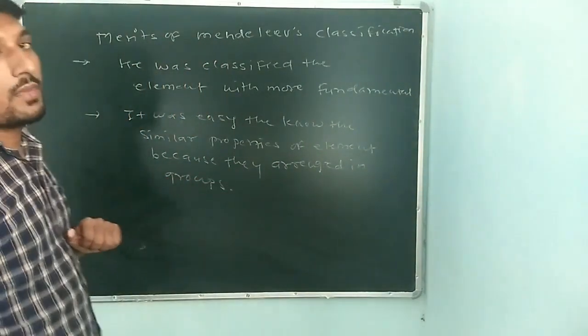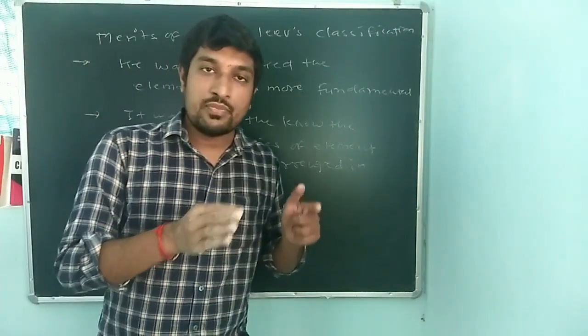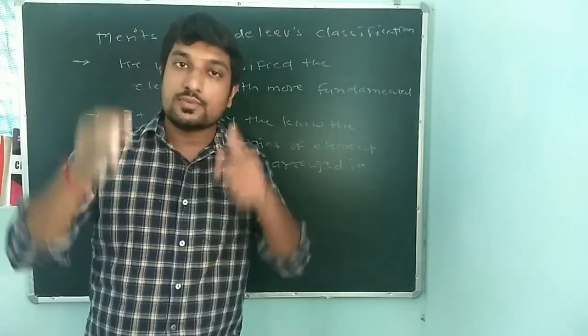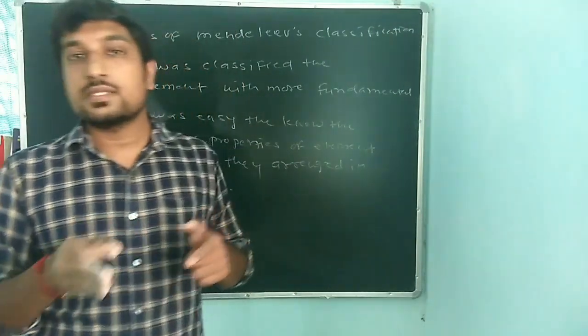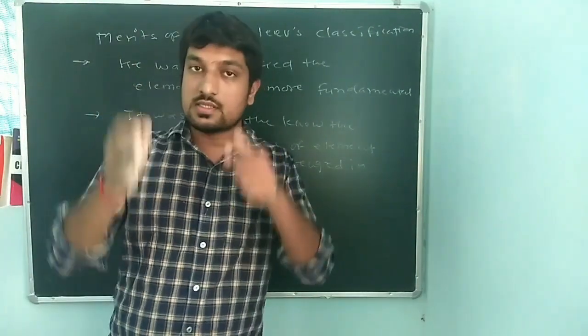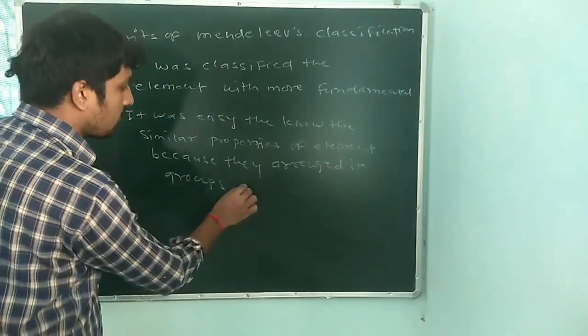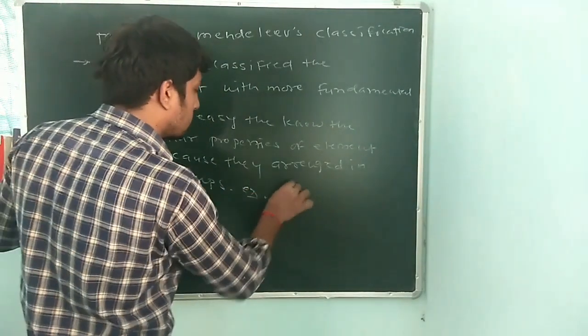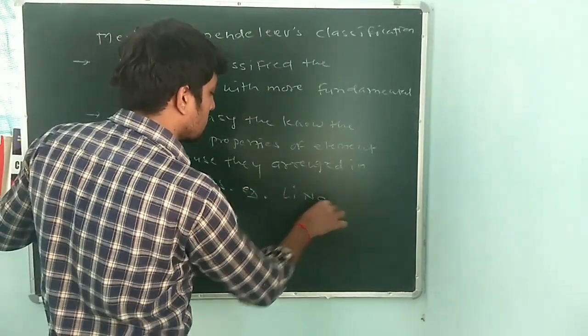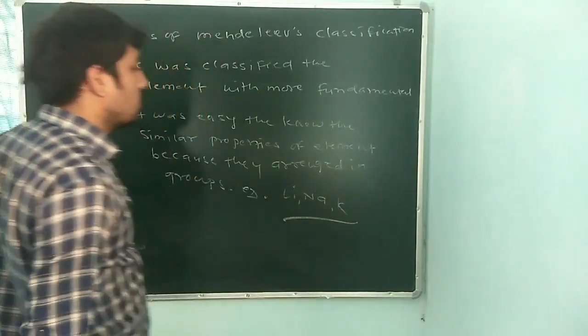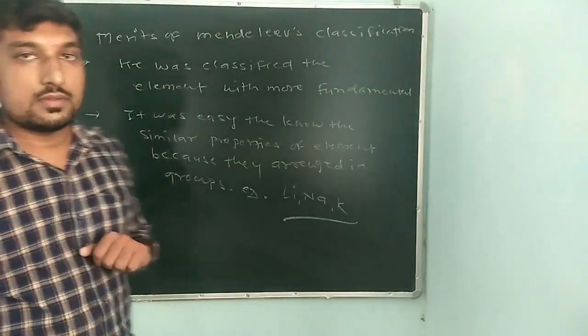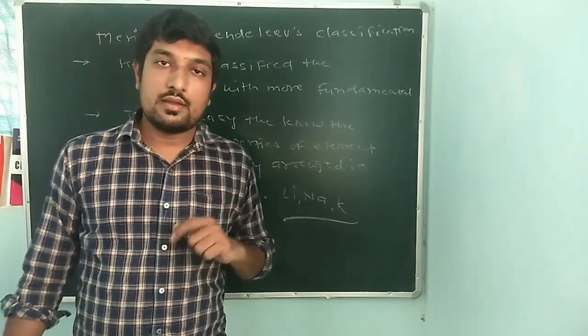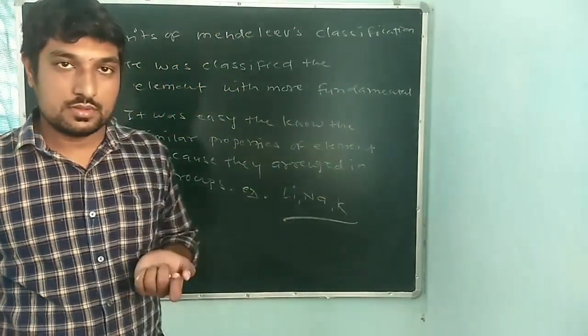Mendeleev classified the elements into groups also, and he arranged elements with the same properties in the same group. Example, lithium, sodium, potassium. These are first group elements, and they have similar properties.